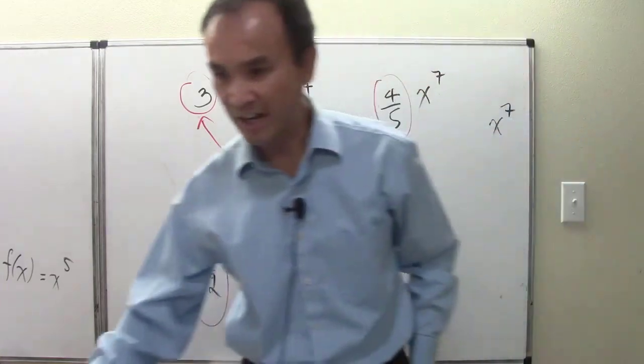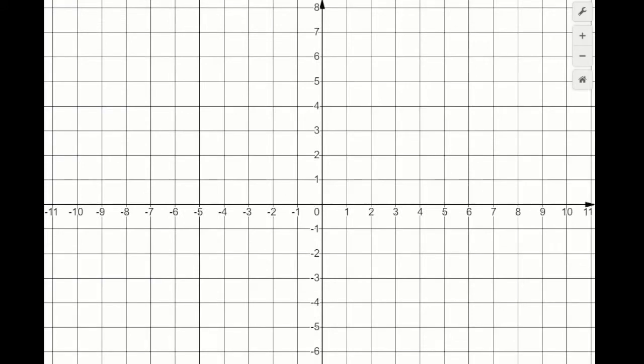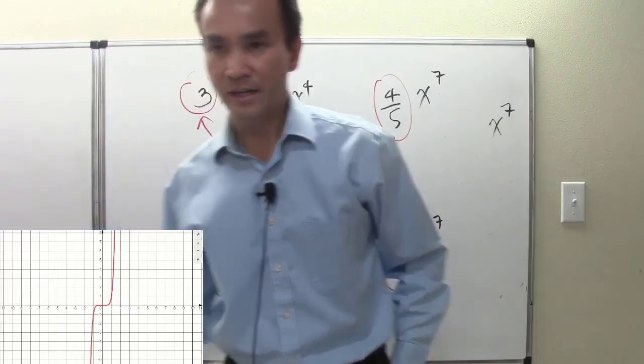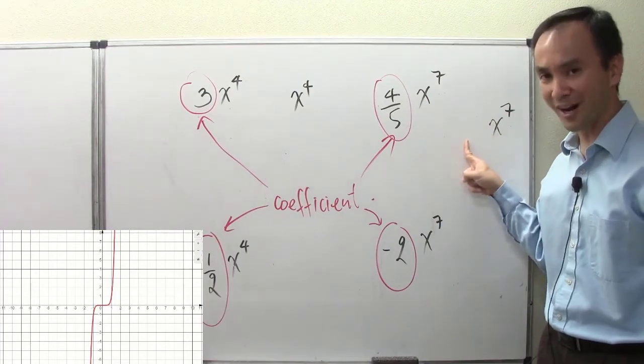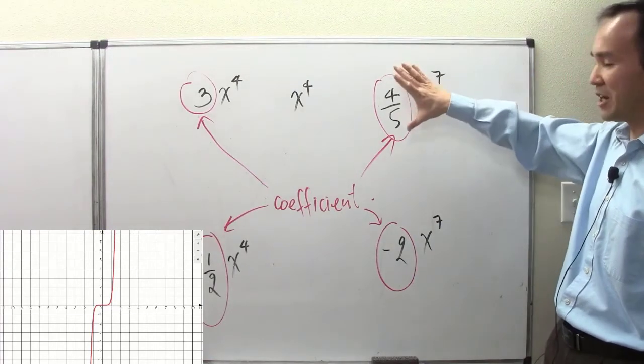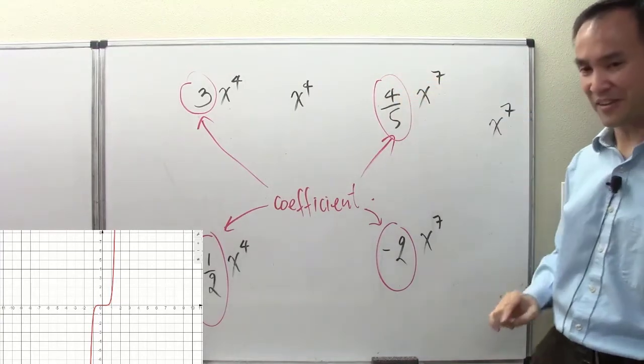And let me bring up the graph. All right, in complete full view, x to the 7th is here. But that function right there is just the simple x to the 7, coefficient 1. Now let me introduce a positive coefficient other than 1. How about 4/5, like what I have here on the board?